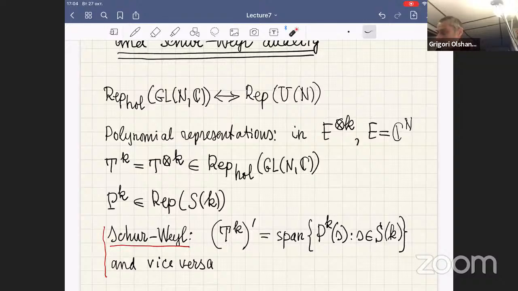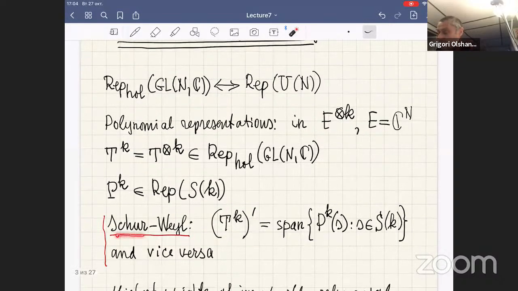And the famous Schur duality says that the commutant, that is, the algebra of operators which commute with our representation, is generated by this representation of the symmetric group acting by permutations, and vice versa.